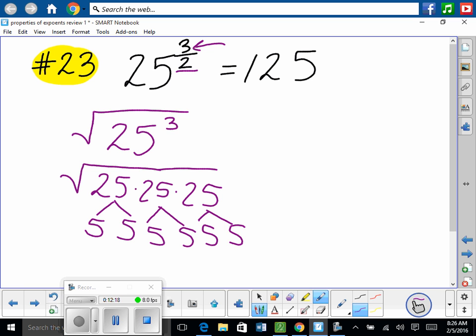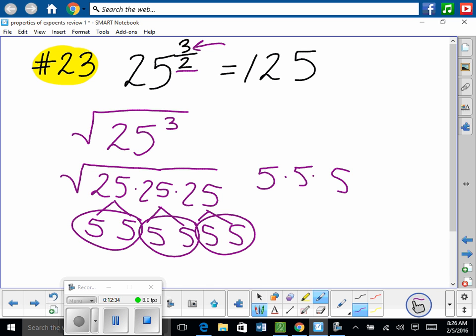Now we're pulling out groups of 2, right? Because 5 doesn't break down any further. So we have 2 5s we can pull out, 2 5s we can pull out, 2 5s we can pull out. Was there anything left underneath? No. So we pull out a 5 times 5 times 5, which is 125.